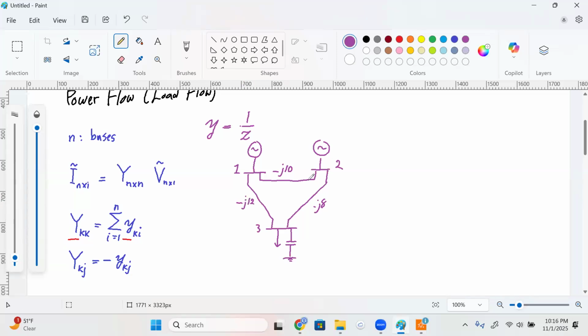Of course, I'm here clarifying that these are the admittance values. I didn't really have to do that because the moment you say negative and J, you have to realize that this is an admittance, not an impedance. Why?